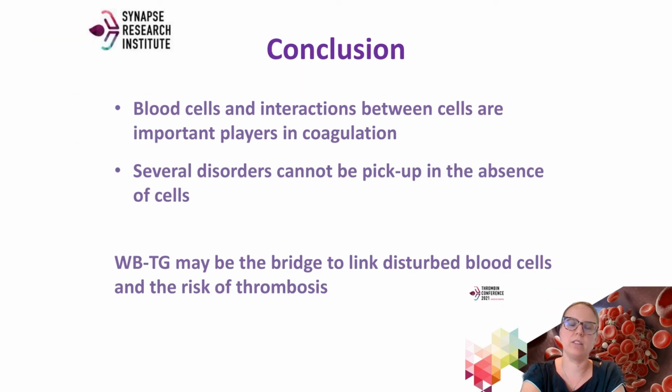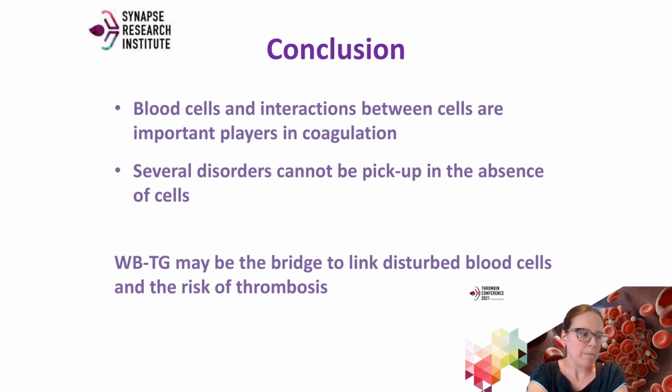However, I hope that I've been able to show you that it is important, at least in some cases, to include blood cells in thrombin generation, because the blood cells and the interaction between these cells are important players in coagulation, and several disorders cannot be picked up in the absence of cells.